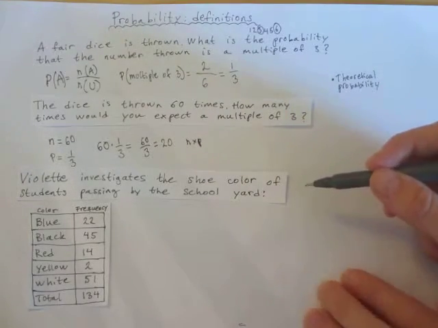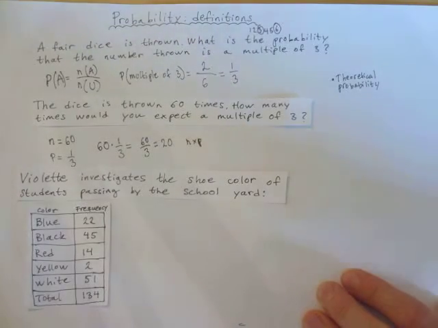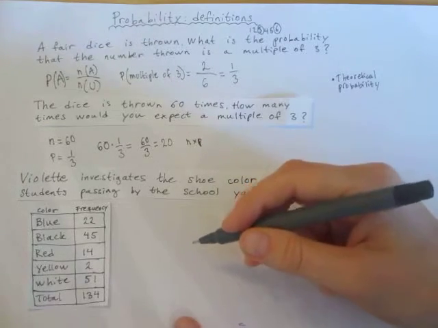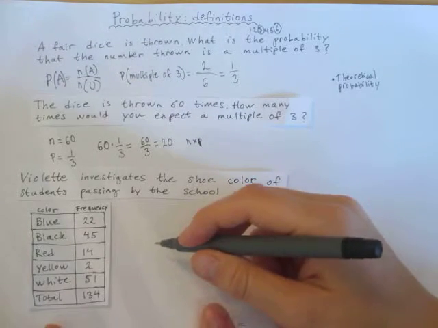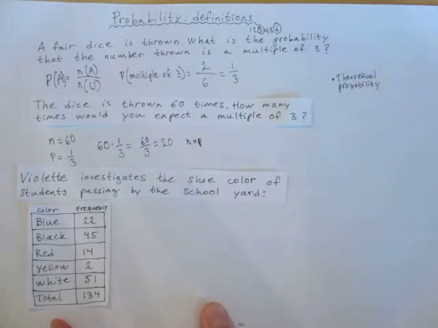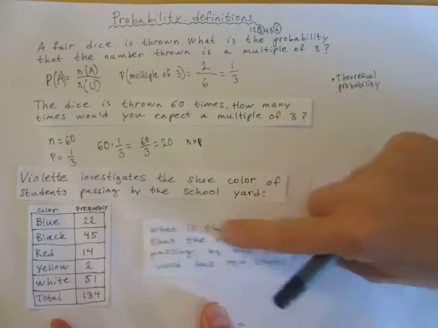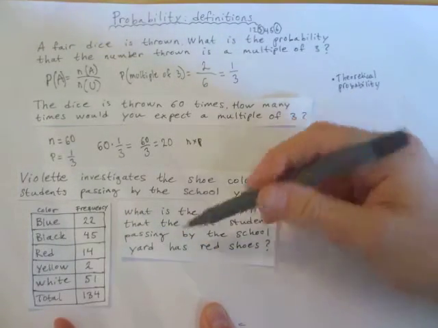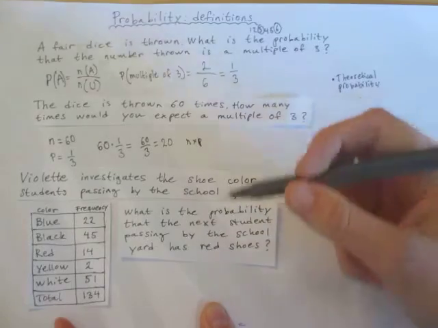And now, we can't find an exact probability, because if we did the experiment again the next day, we would have another result. However, we can speak about the relative frequency that a student passing by the school has red shoes, for example. What is the probability that the next student passing by the schoolyard has red shoes?